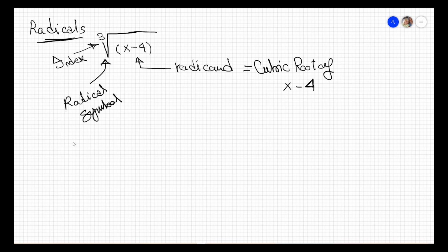So what is the relation between the radical and the exponent, or the exponent and the radical? This is a very simple question, and it will have a very simple answer. We could say that a radical is a rational exponent.